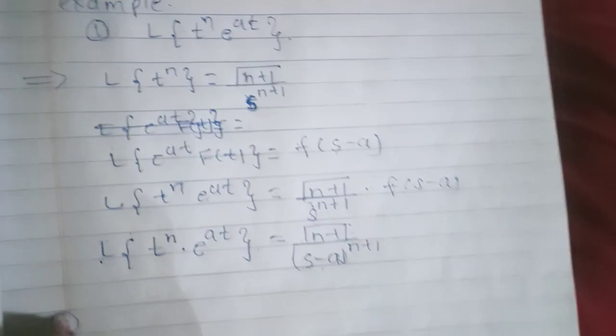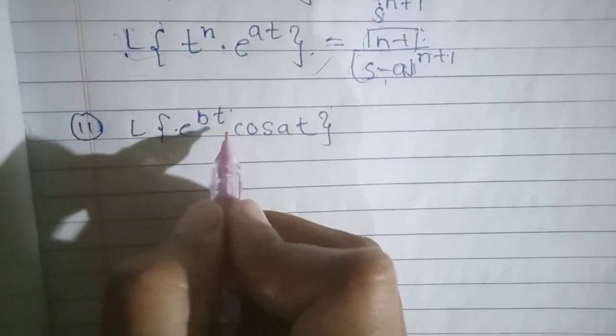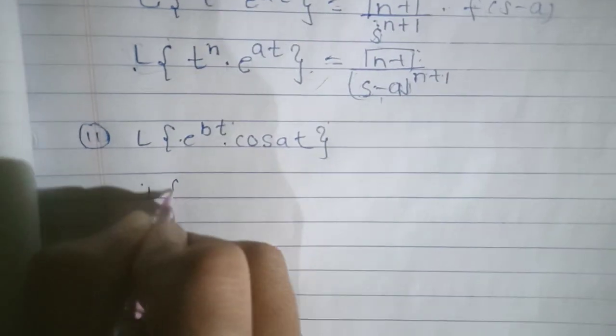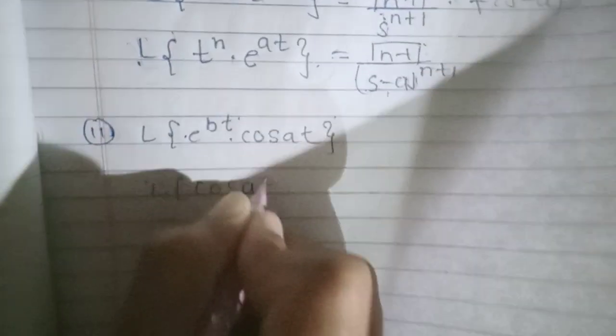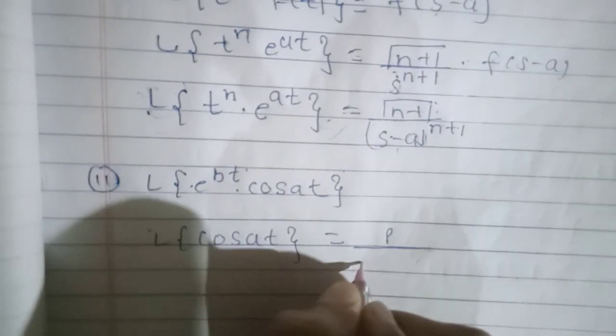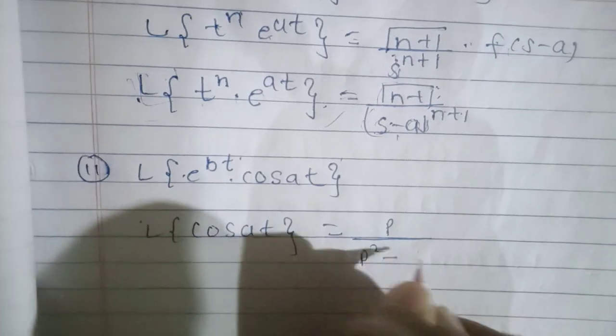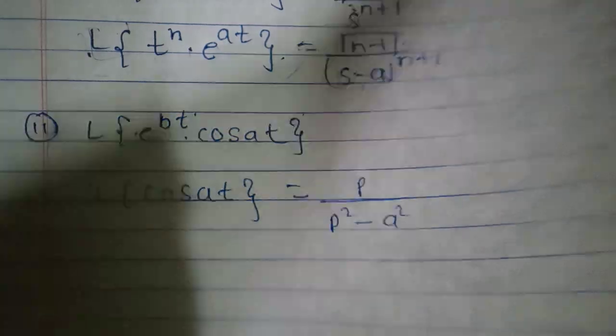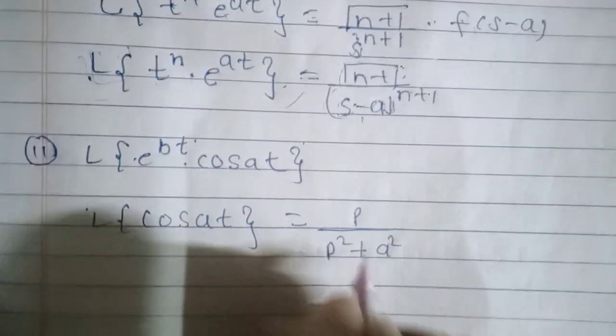Then the second example is the Laplace transform of e raised to bt into cos of at. We know the formula of the Laplace transform of cos of at, that is p divided by p square plus a square.